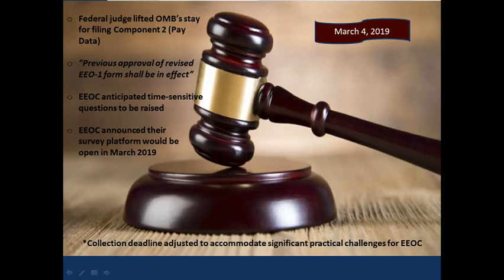On March 4th, 2019, a federal judge issued an order lifting the OMB's stay of the EEOC's revised EEO-1 form requesting pay data broken down by gender and race, and the September 15, 2017 Federal Register notice regarding the same.